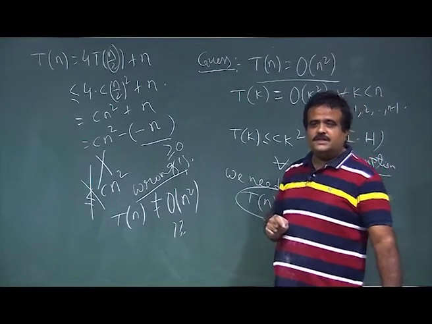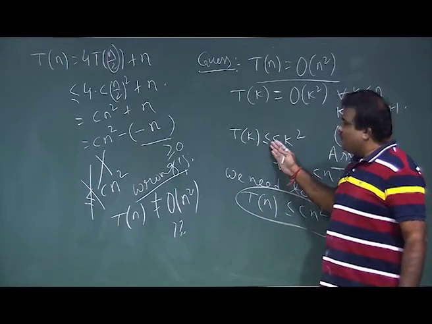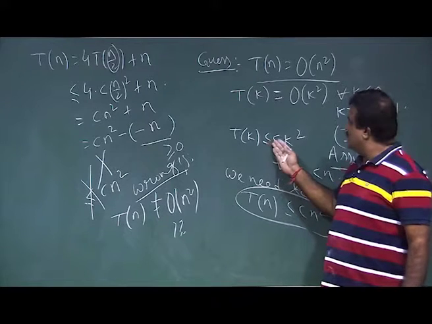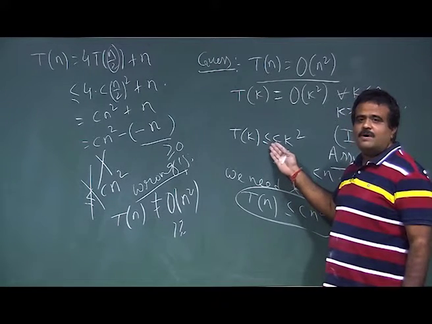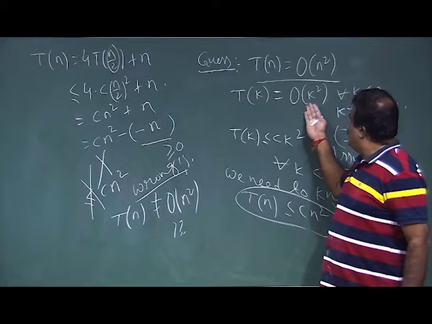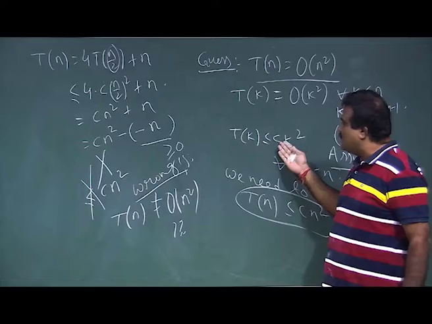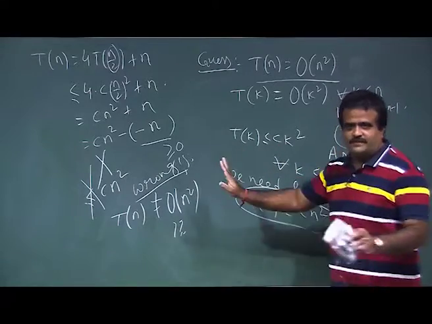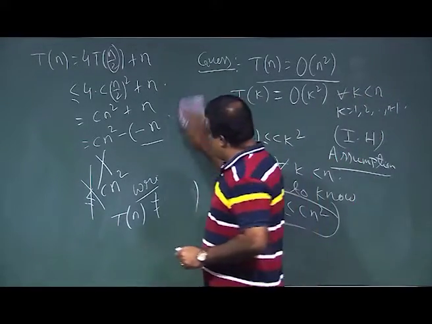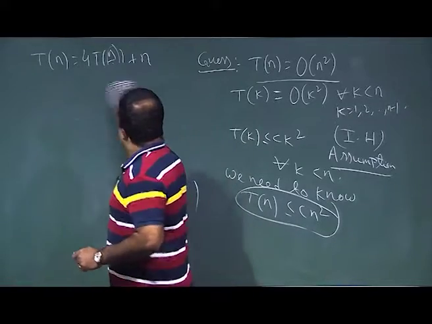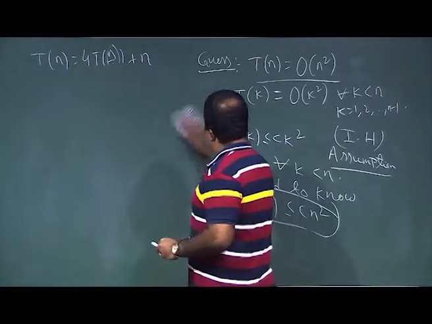Now, the question is, we can have a tighter bound than this. See, big O of k square means not only this. This way we are not achieving that, that is clear. But we can tighten this bound.